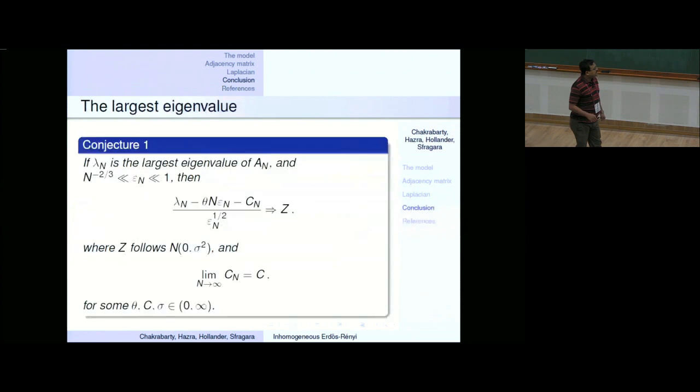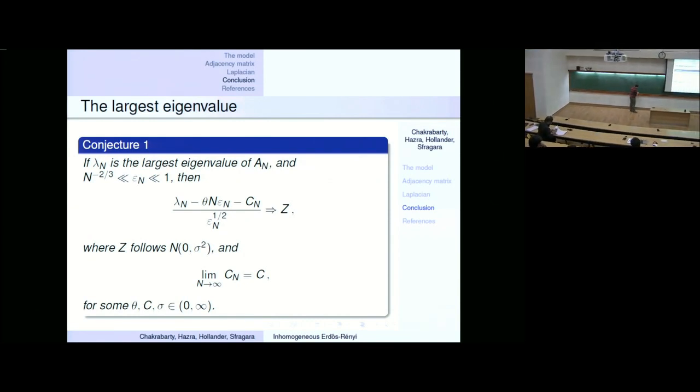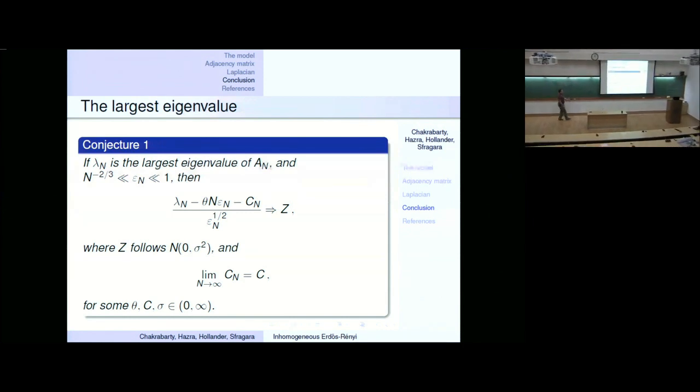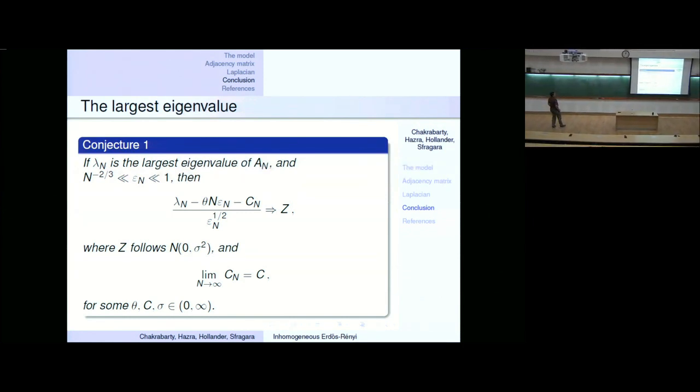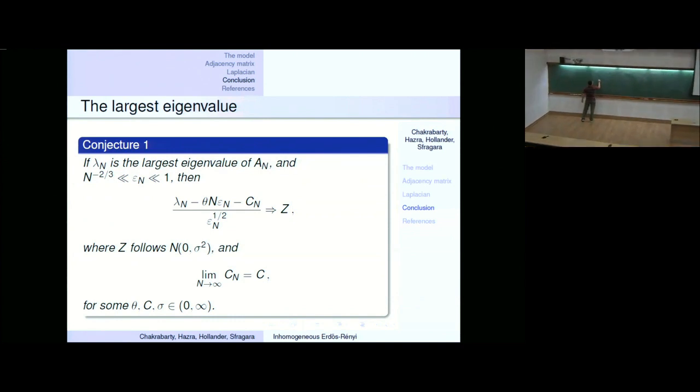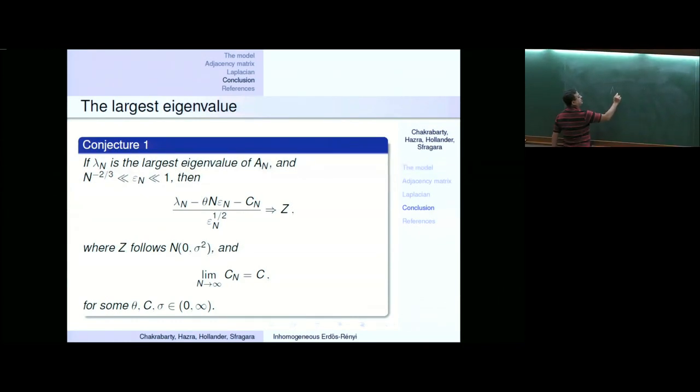So since I have some time, I can actually spend some time telling you at least what theta is. Again, this is only at the level of the conjecture. So lambda n is the largest eigenvalue of the adjacency matrix An.